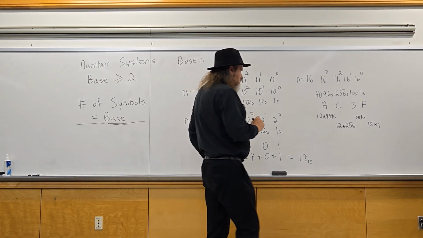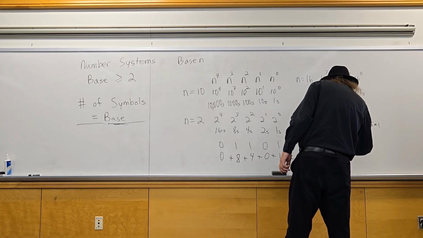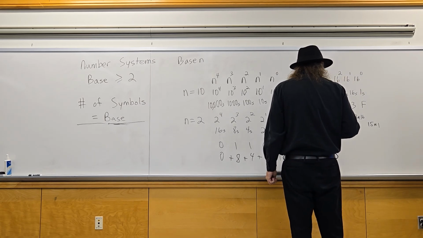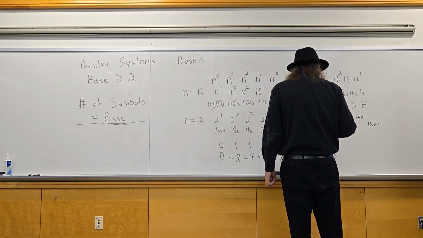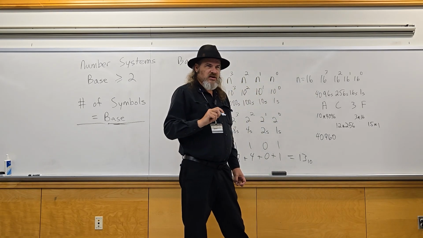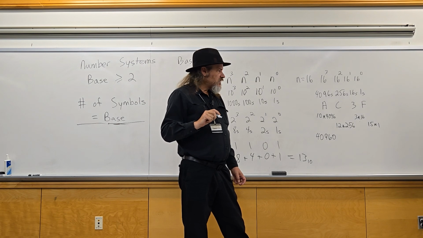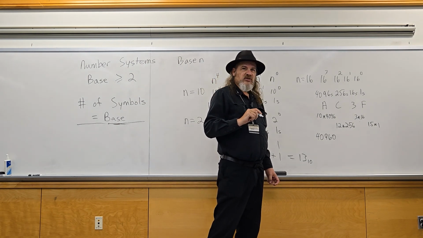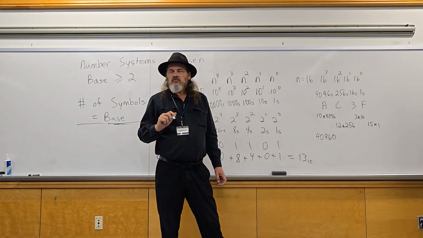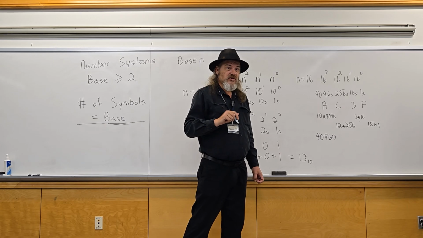So let's see here, 40960 plus 12 times 256 is what? What's 12 times 256? Somebody with a calculator. 3072?